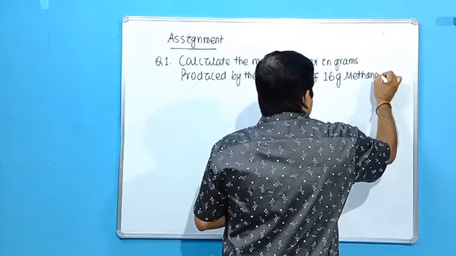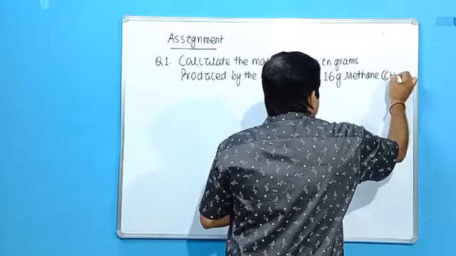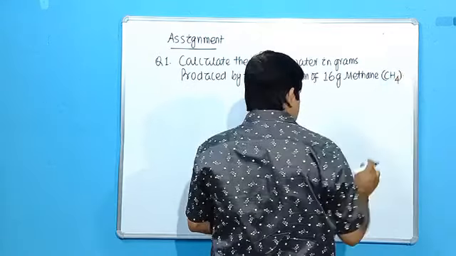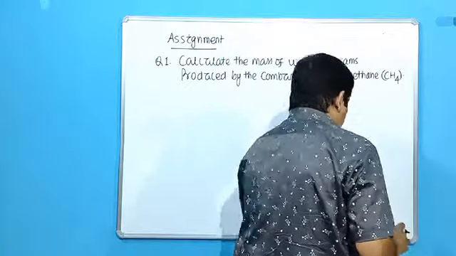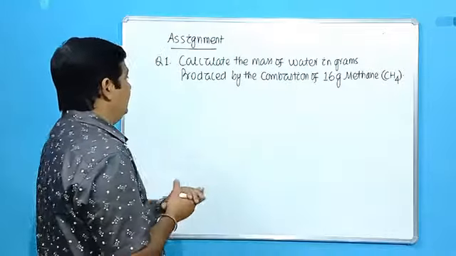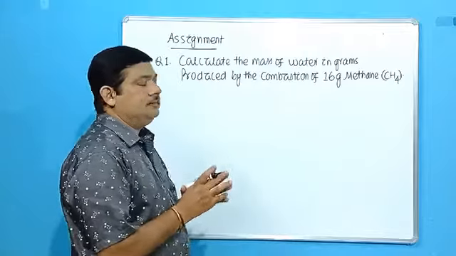I told you the methane formula is CH4. So this is the question for you. Calculate the mass of water in grams produced by combustion of 16 gram methane.